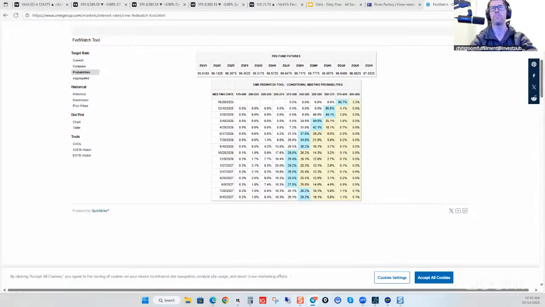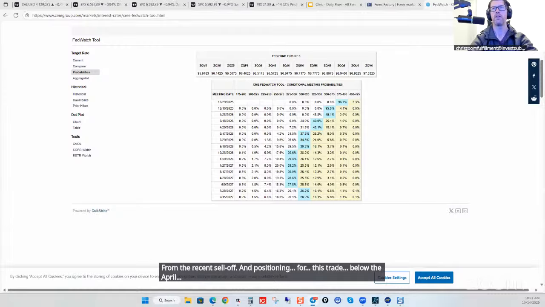It's a 1-1-1 trade using the higher VIX from the recent sell-off and positioning for this trade below the April 2025 lows.